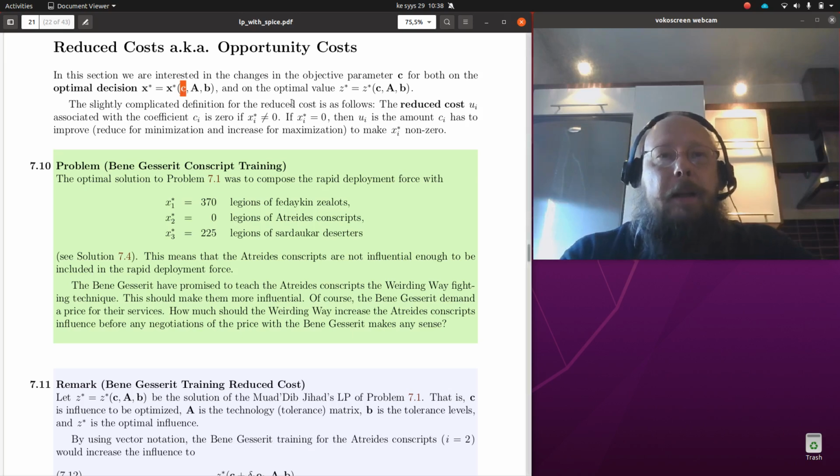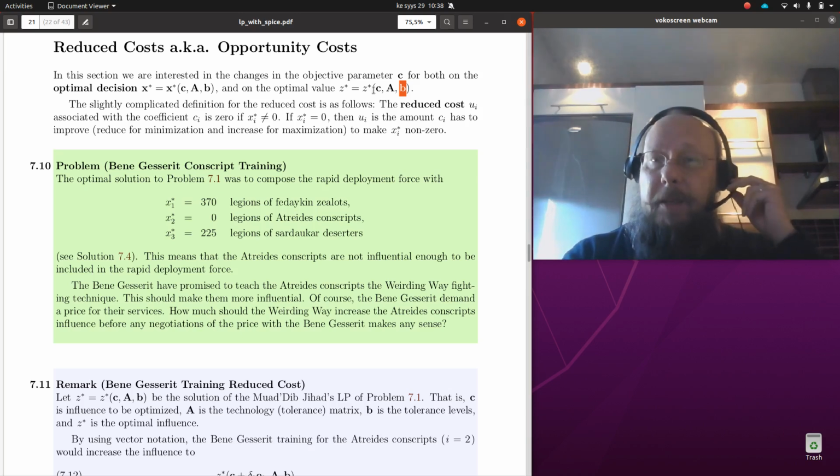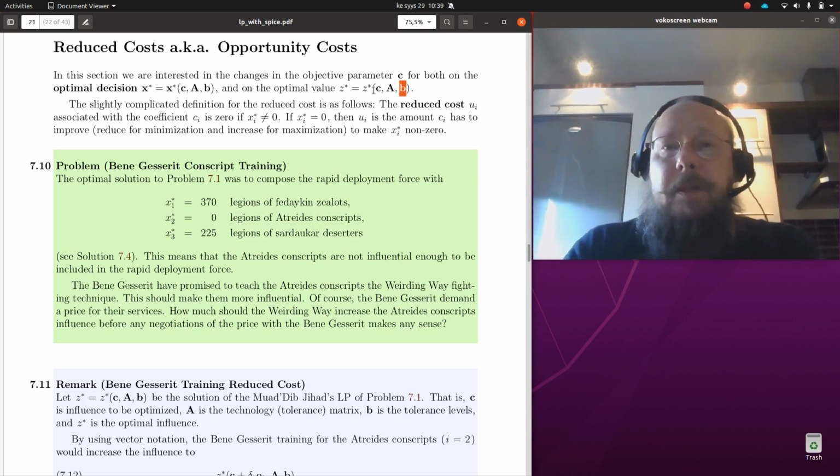Unlike in the case of the shadow prices, where the shadow price is related to B, being just the partial derivatives of Z star with respect to the B vector or its components, the reduced costs are actually not partial derivatives, so the interpretation is slightly complicated.